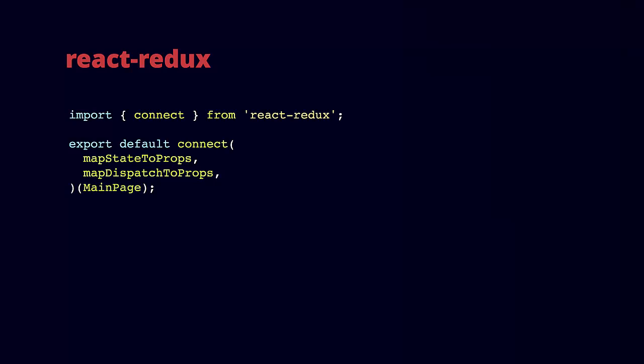The second one is called map dispatch to props, and what this will do is add callbacks, handlers, to the properties that are sent to main page, which correspond to functions that, when called, will dispatch some actions.